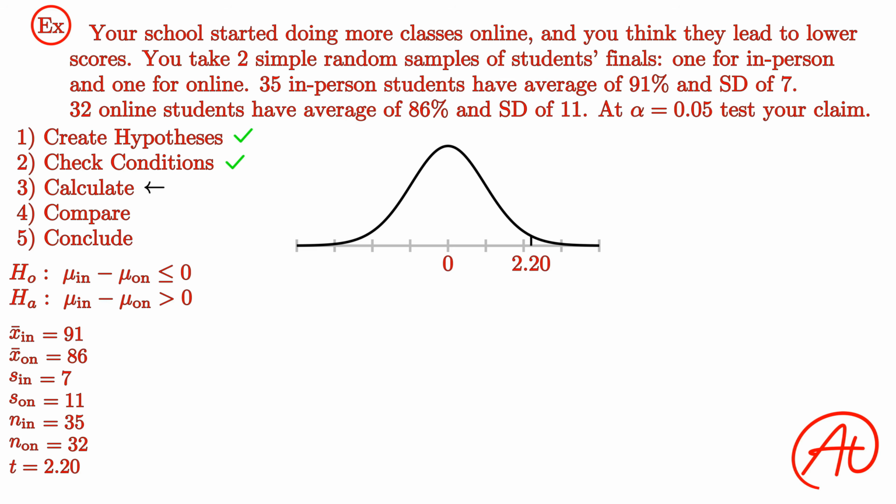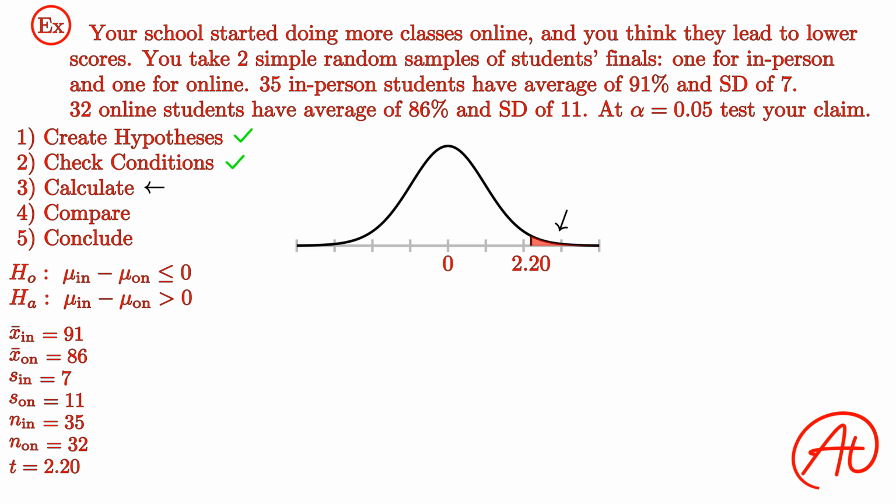Next, to find the p-value or probability of getting this test statistic, we could find the area in the distribution from this value to the tail corresponding to our alternative hypothesis. Since we're trying to test whether the true difference in means is actually greater than 0, we would shade the area to the right of our test statistic to find the probability of getting a difference in sample means of 5 percentage points or more just by chance if the true difference in means is actually 0.